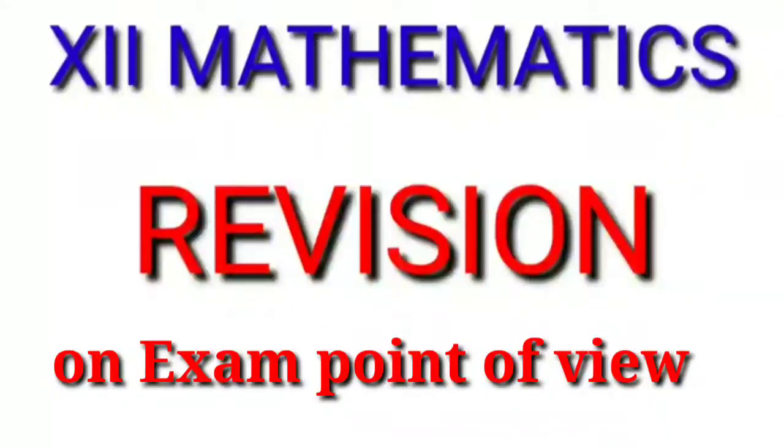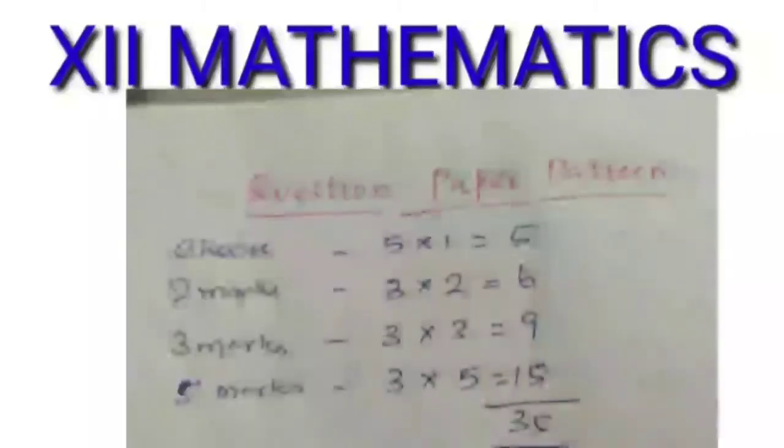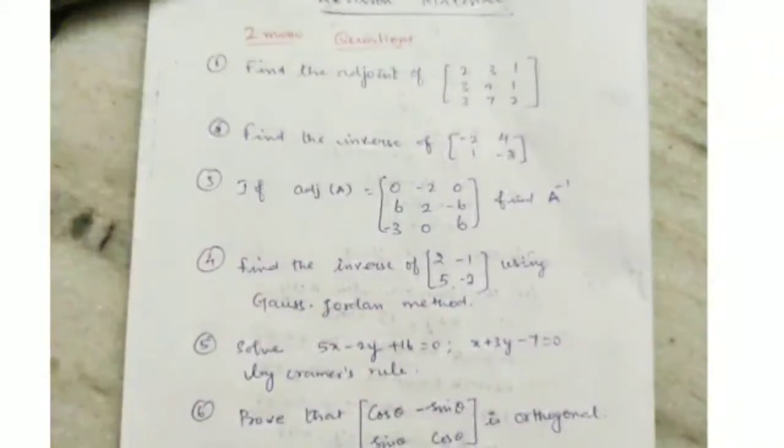For tomorrow's maths exam, we are going to revise the most important questions. The question paper pattern is 5 choose 2 marks 3, 3 marks 3, and 5 marks 3.